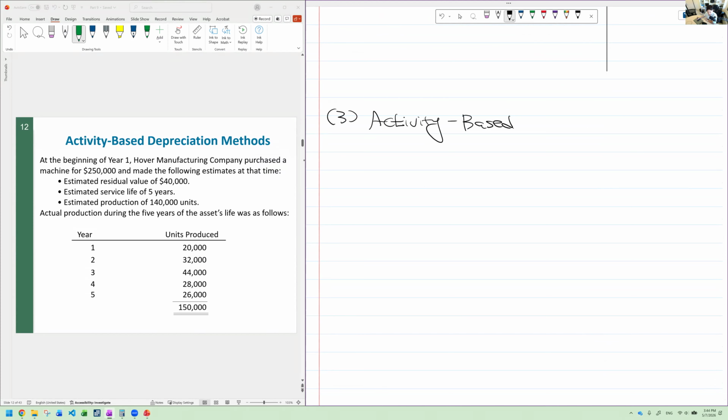So you take the purchase price of the asset, subtracted by the residual value. And then in the denominator, we put down the total expected usage.